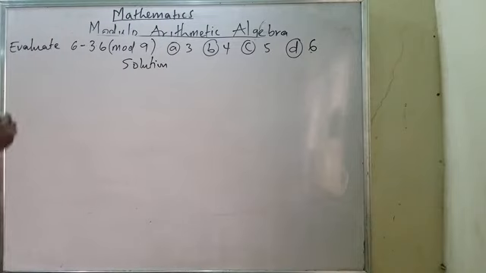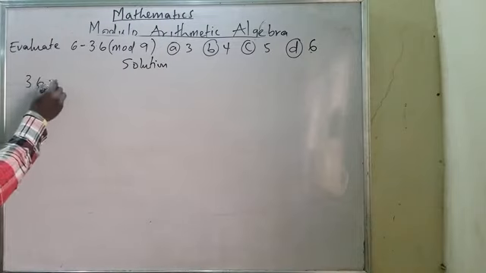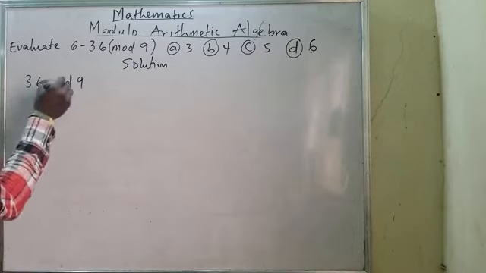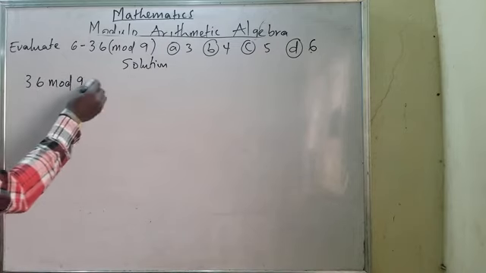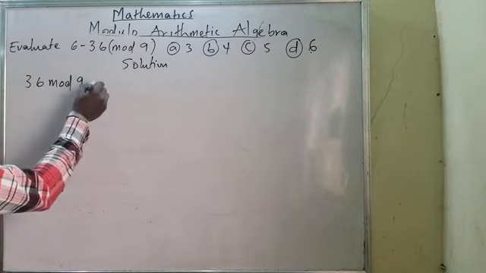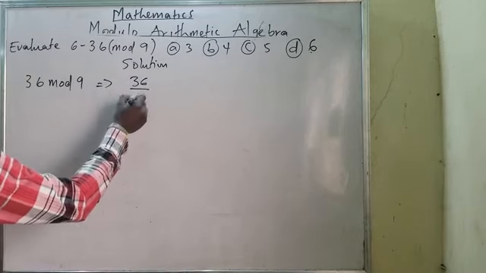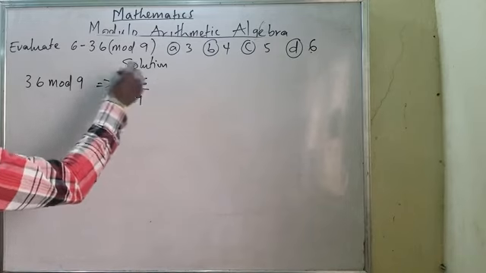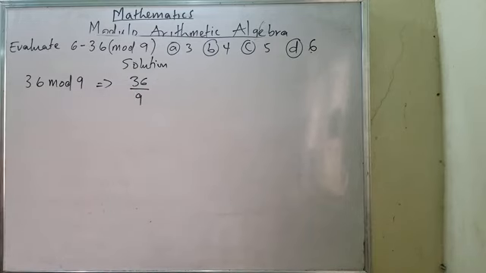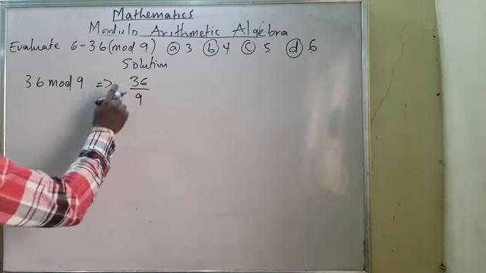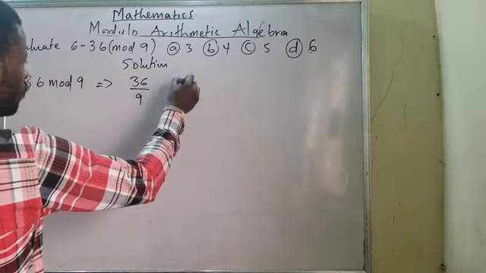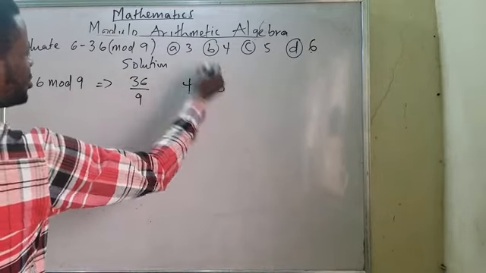Now, if I have 36 mod 9, it implies 36 divided by 9. Take note of that. This divided by this will be 4 times, remainder 0.